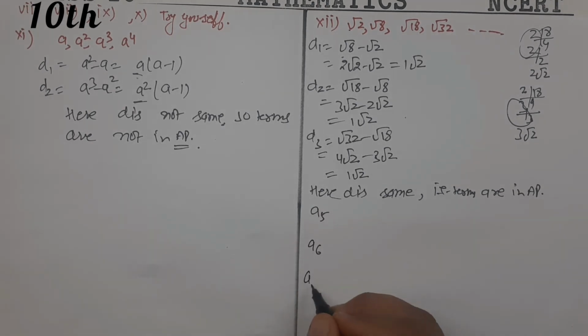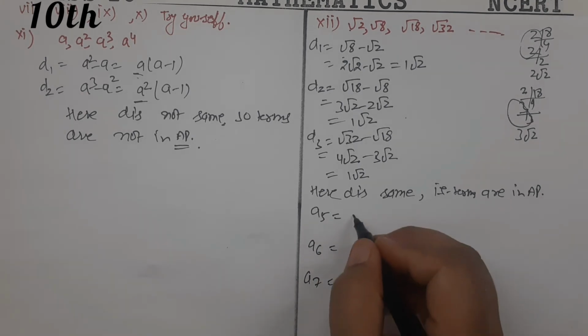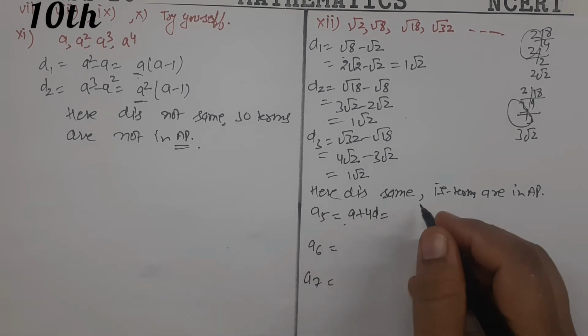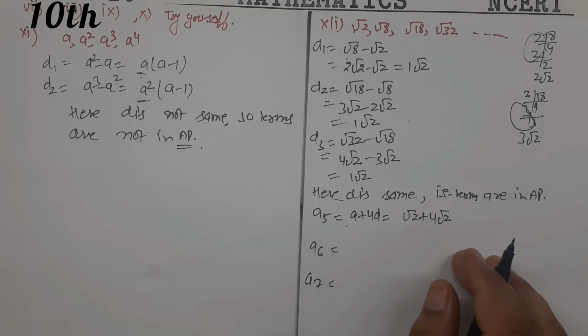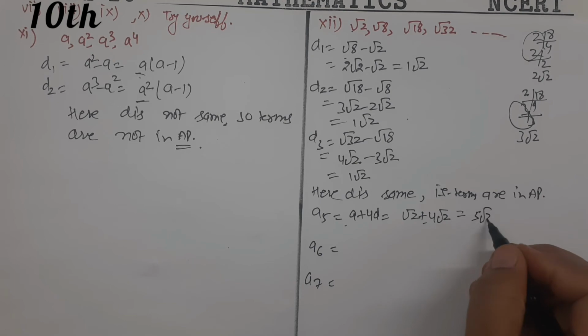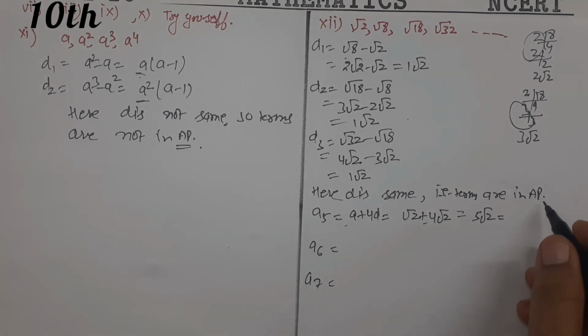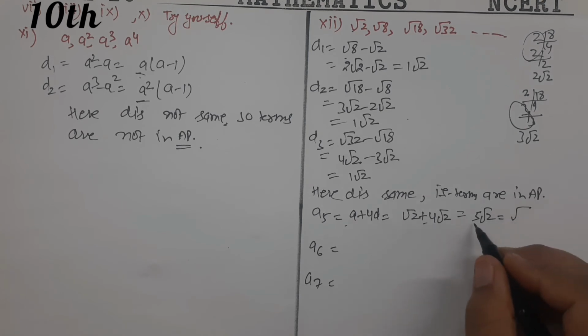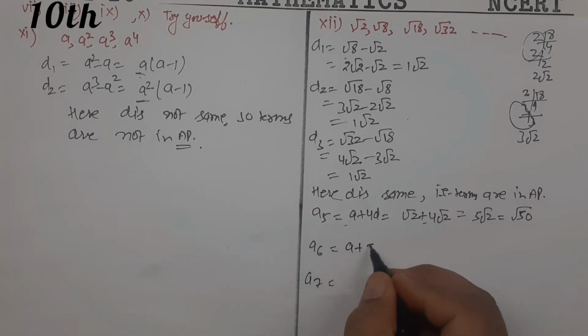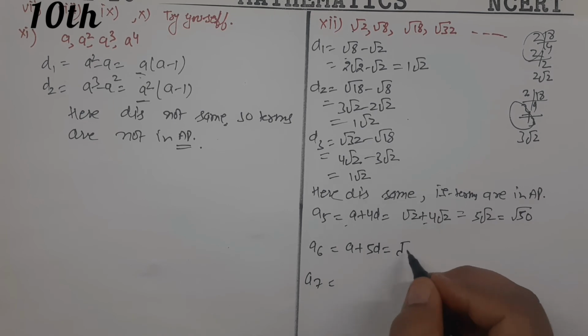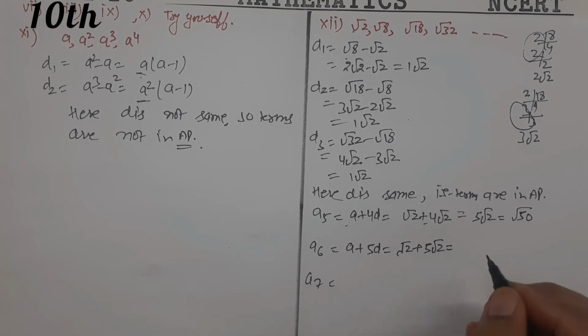a5, a6, a7. a plus 4d, a, d is root 2. It makes 5 root 2. The statement is in pure surd. When we solve it, it becomes 5 square 25, 25 times 2, 50. a plus 5d makes 6 root 2.